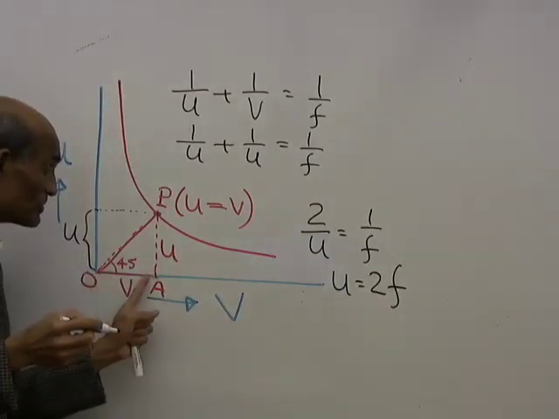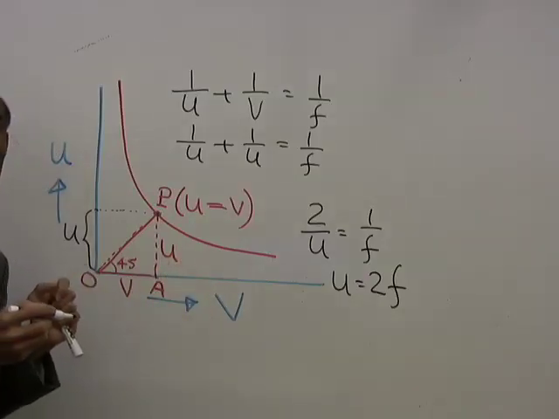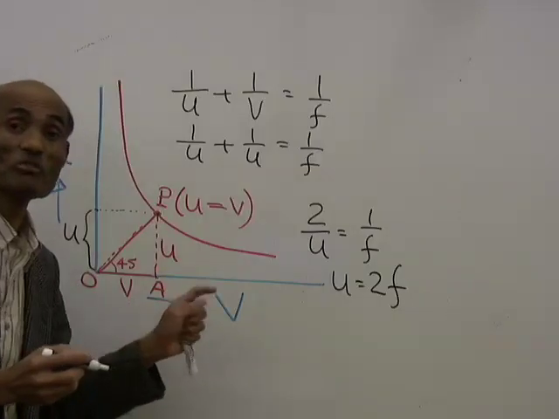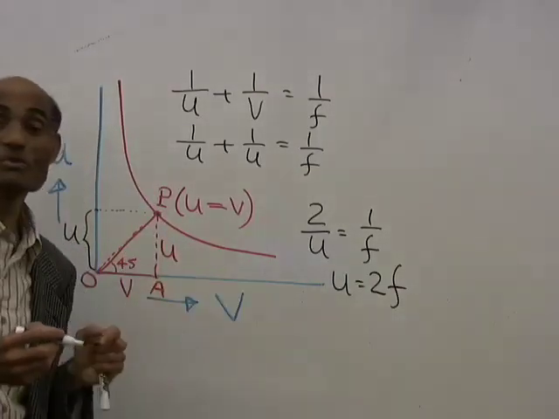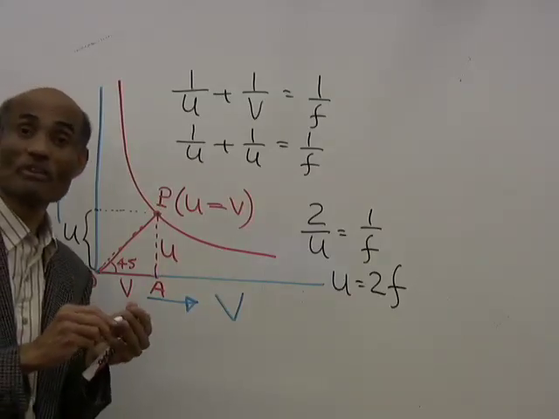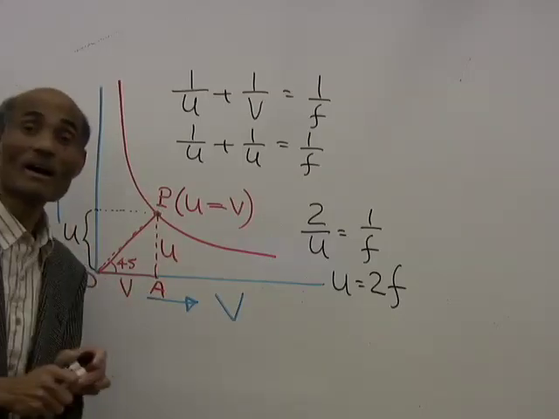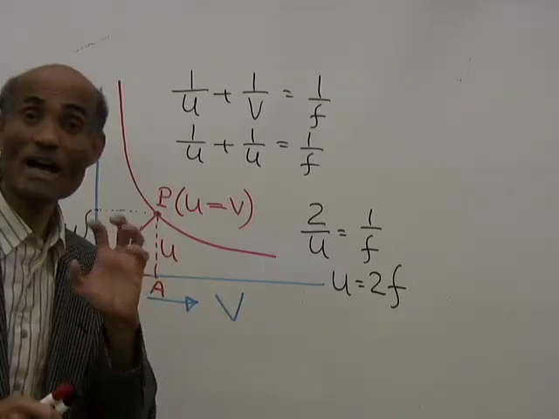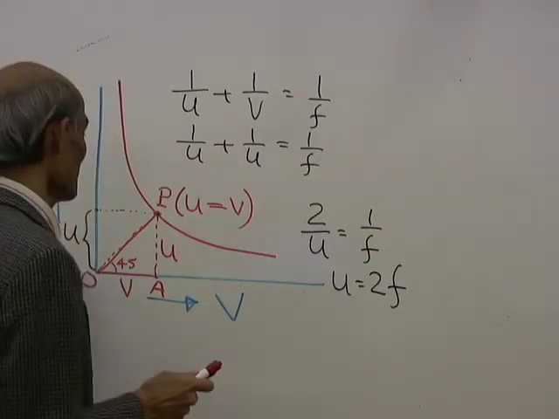Similarly, this value of V will be 2 times the focal length. So, you can determine the focal length F by 2 methods, by drawing 2 different graphs. And I want you to do this for 2 different lenses.